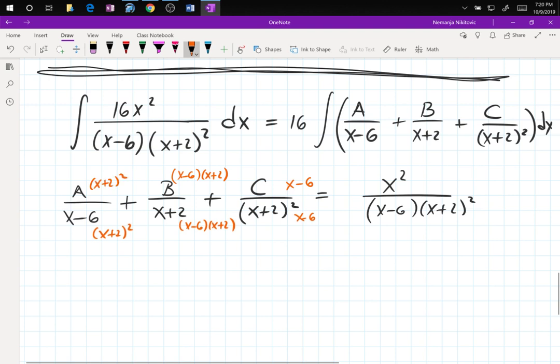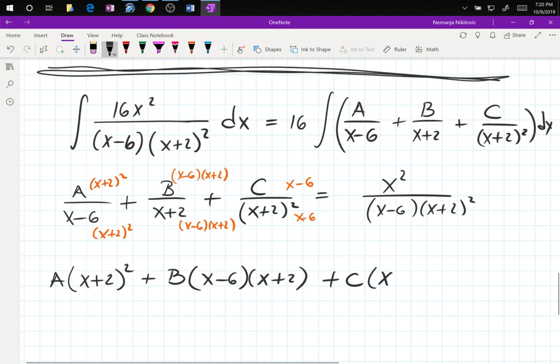So now you have to multiply all of these, and you can ignore the denominators. So we have A times x plus 2 squared plus B times x minus 6 times x plus 2 plus C times x minus 6 equals x squared plus 0x plus 0.